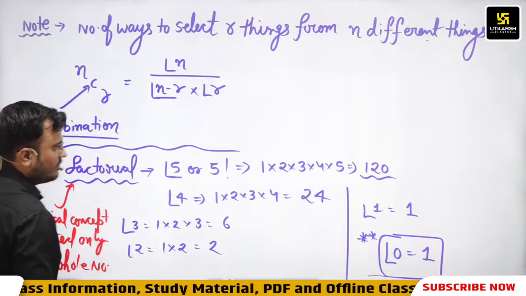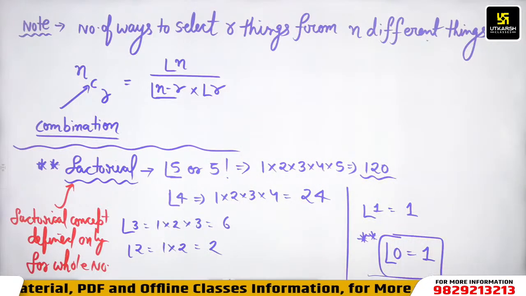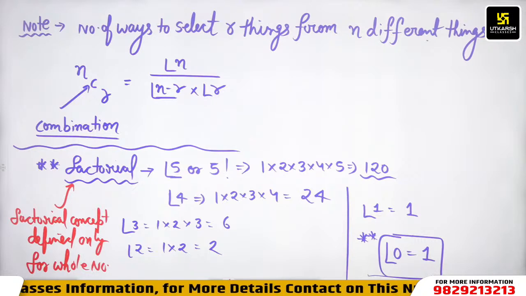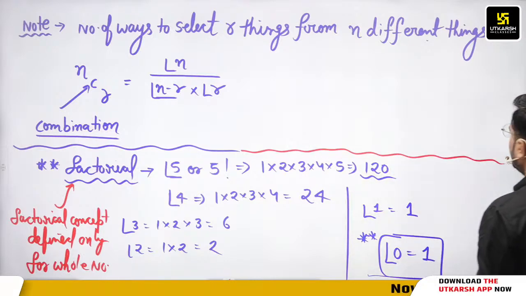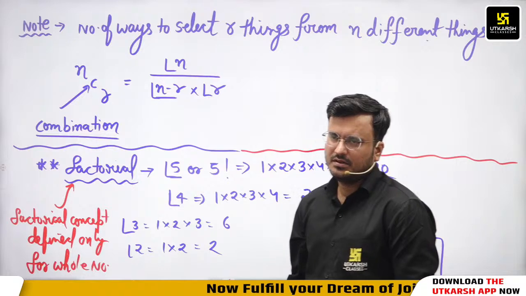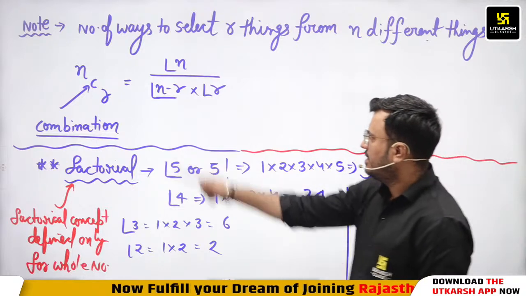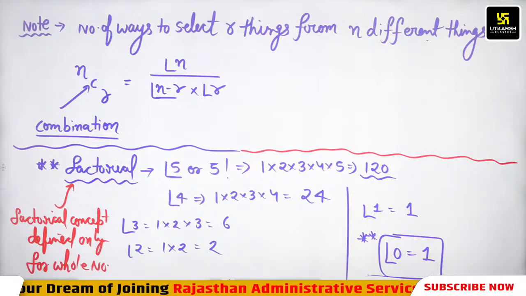If someone asks what is the value of factorial minus 1, you will say the factorial concept is not defined for negative numbers. So if we need to select r things from n different things, how many different ways are there? It is given by nCr, factorial n divided by factorial n minus r into factorial r.